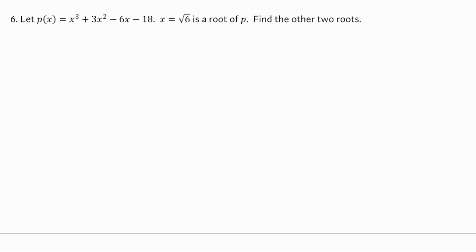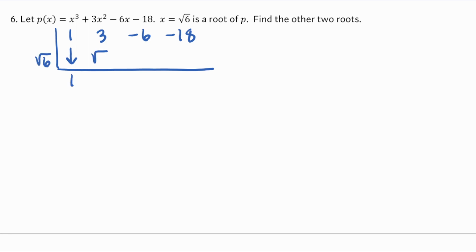Okay, I'll do that. So I'm going to set up for synthetic division. I will comment that this is factorable, and I'm going to work that off to the side after I do this. Okay.